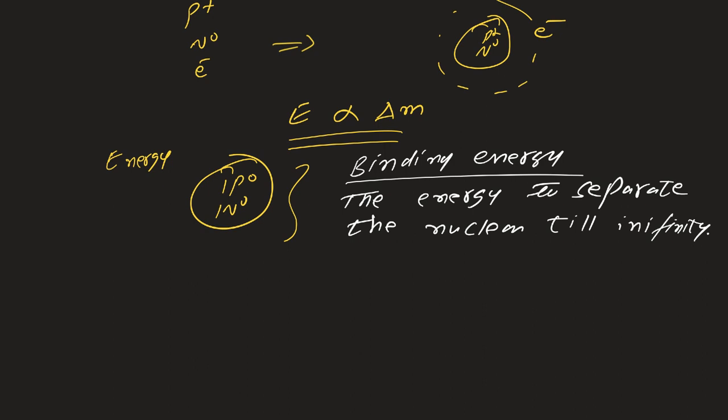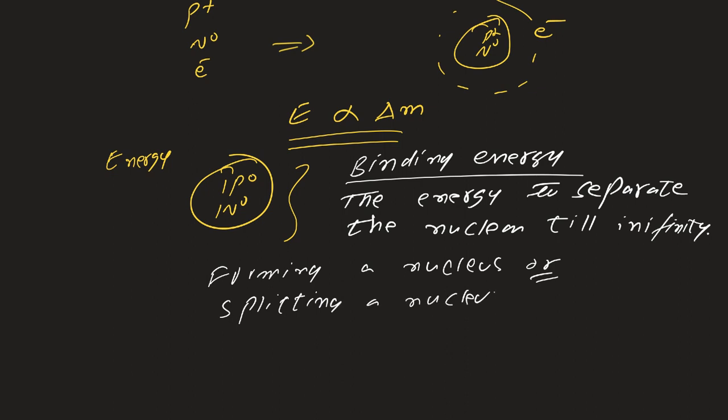Binding energy plays an important role in the formation of the nucleus and also in splitting the nucleus. So whether you are forming a nucleus or splitting a nucleus, in both cases energy is involved, and that energy is known as binding energy.